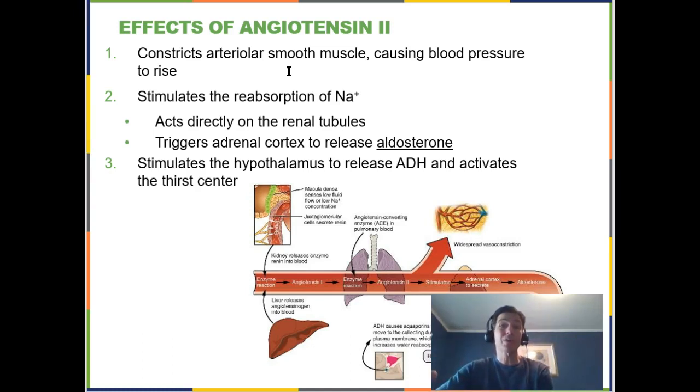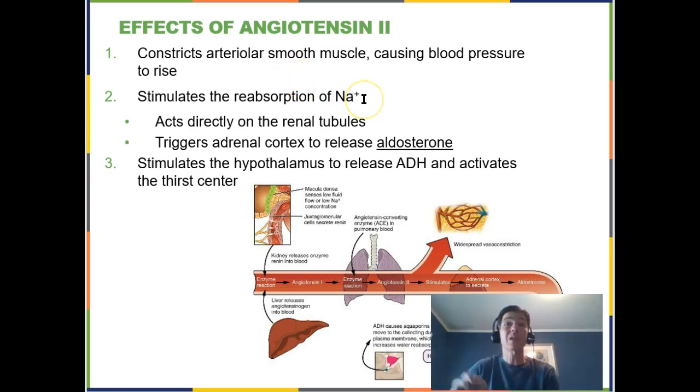That vasoconstriction decreases your vasculature volume everywhere, which brings your pressure up. It's also going to cause vasoconstriction in your afferent arteriole, which is going to slow down your glomerular filtration rate, so you're going to produce less urine when your blood pressure is low.